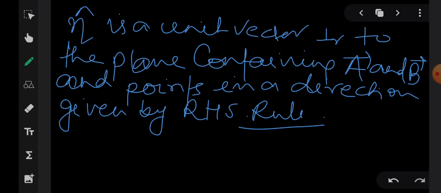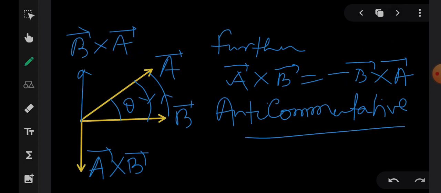Now what is its direction? It is perpendicular to the plane containing A and B and points in a direction which is given by the right-handed screw rule, which says that if you rotate a right-handed screw from A to B, then it will be clockwise.